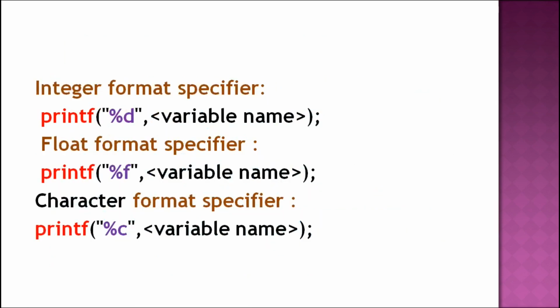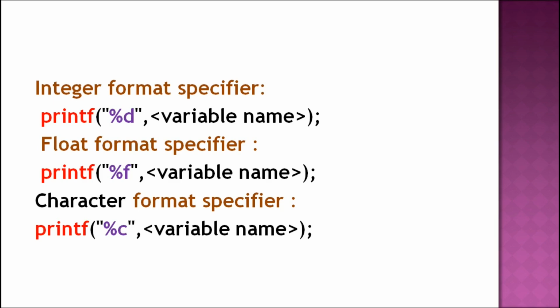Here, the integer format specifier is %d in the printf function. The float format specifier is %f in the printf function. The character format specifier is %c in the printf function.